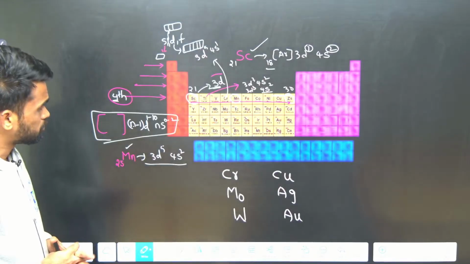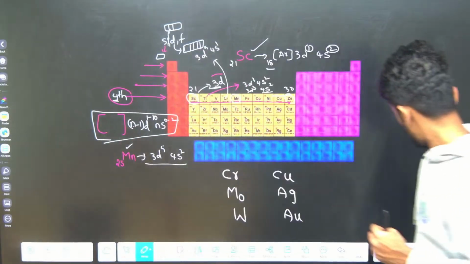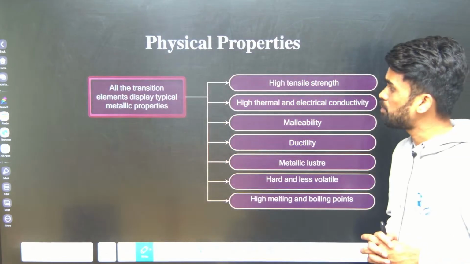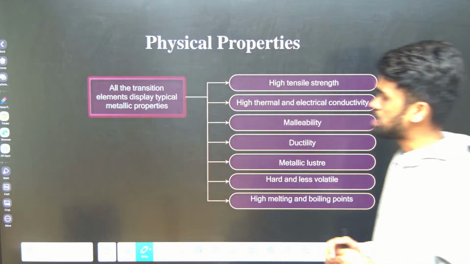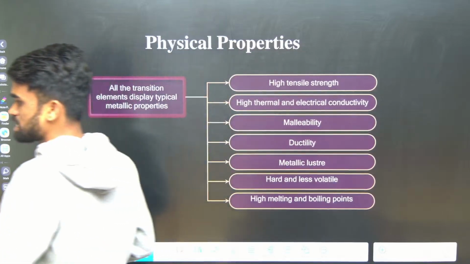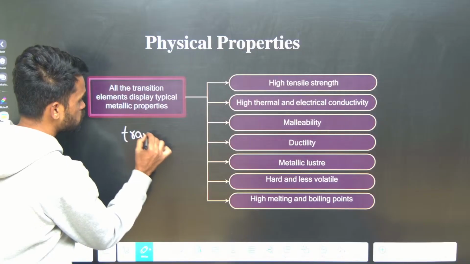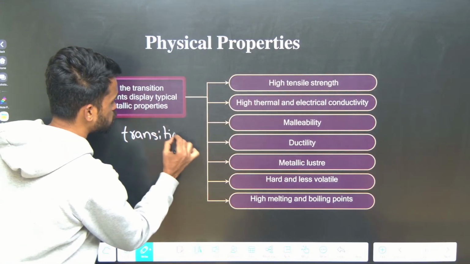Then next, what are the physical properties and chemical properties? First of all, I am using the term transition elements. What do we mean by transition?